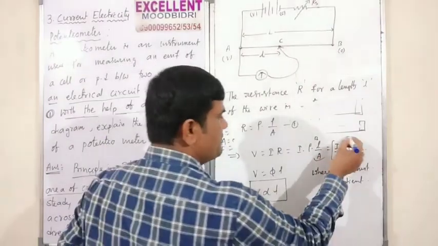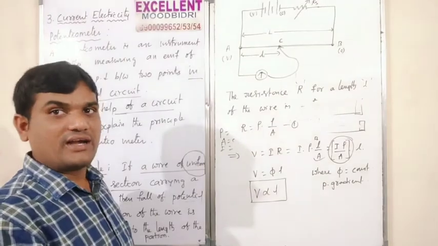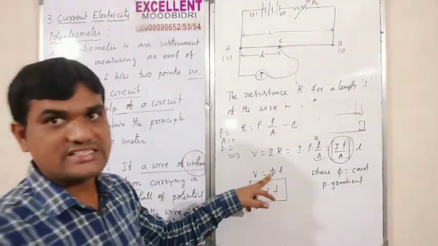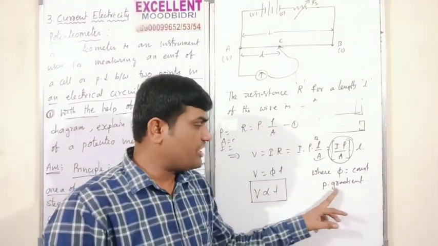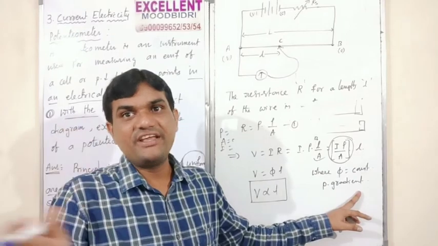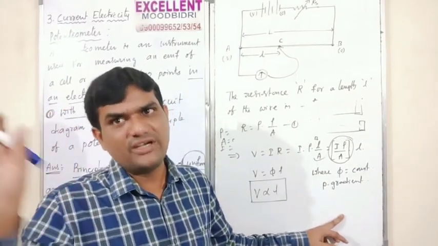So this constant we will consider as phi or K. So V is equal to phi into L, where phi is a constant that we call the potential gradient. Potential gradient is nothing but the potential per unit length.